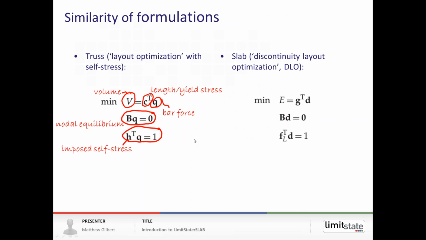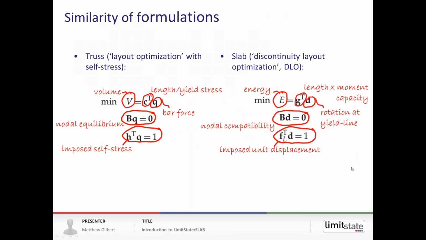And the key thing that we realized is that this is actually analogous to the slab problem. The maths is exactly the same, the parameters involved are different. So instead of minimizing volume, we're minimizing energy, and the energy is simply the sum of the length times moment capacity times rotation at yield lines.